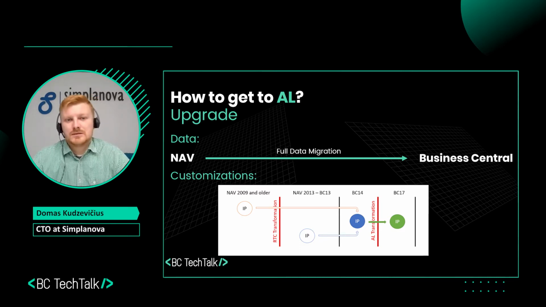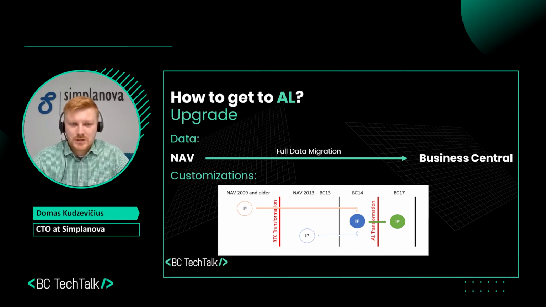which I would talk about now. So the second option, how to get to AL, is to go the regular upgrade path. Regarding the data, it means that you're going to go through a full data migration. So you're going to use Microsoft provided toolkits and go step by step until you get your data to the latest Business Central. And regarding the customizations, you're going to have to perform the full regular upgrade of the objects.